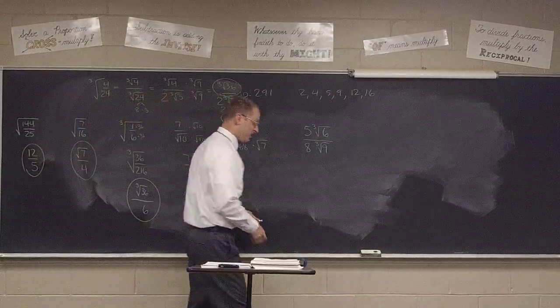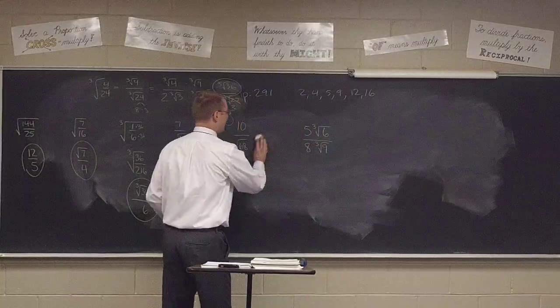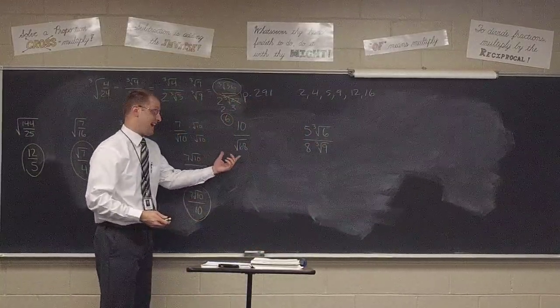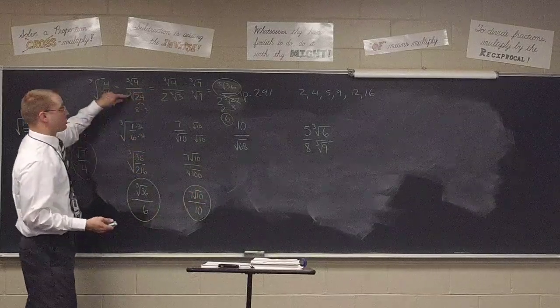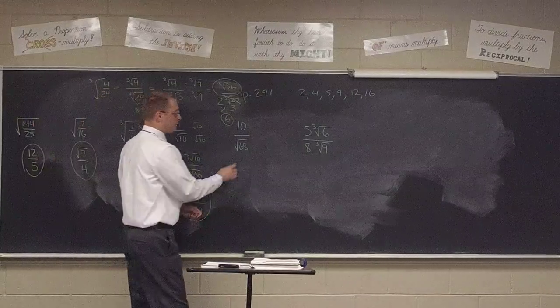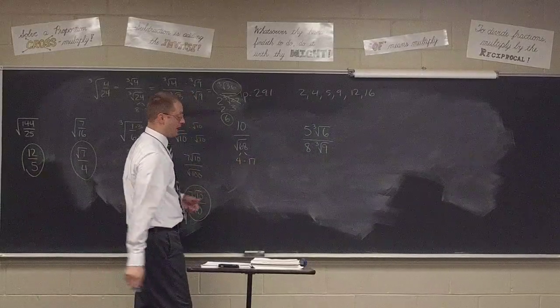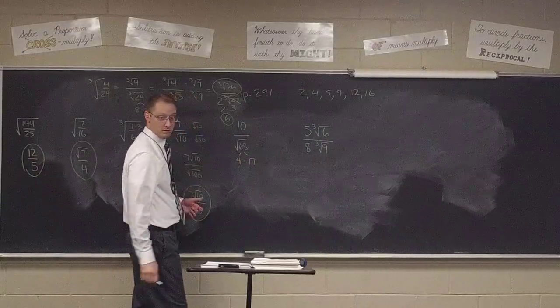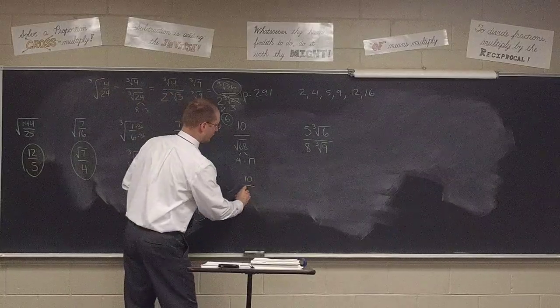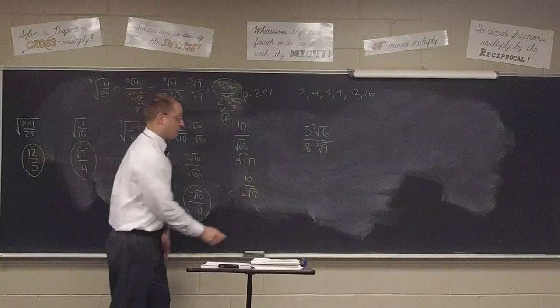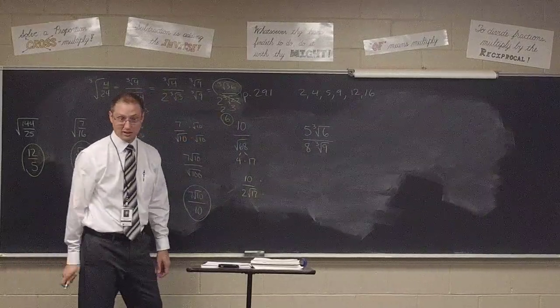Okay, so apparently on this one, when you start getting beyond what you've memorized, we're going to have to figure out a way to reduce it down, kind of like Brecken did with the 24 thing here. So here we would have to figure out 4 times 17, and take the square root of 4 to get 2. So 10 over 2 times the square root of 17, and look what we're going to have to multiply top and bottom by, class.